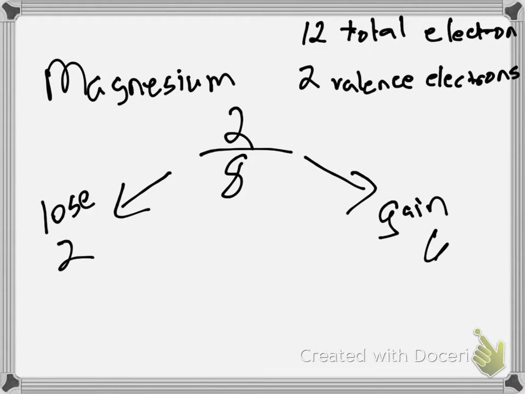It's easier to give away 2 than it is to go and find 6. Metals will always give away their valence electrons because it's much easier for them to give them away than it is for them to try to find them.